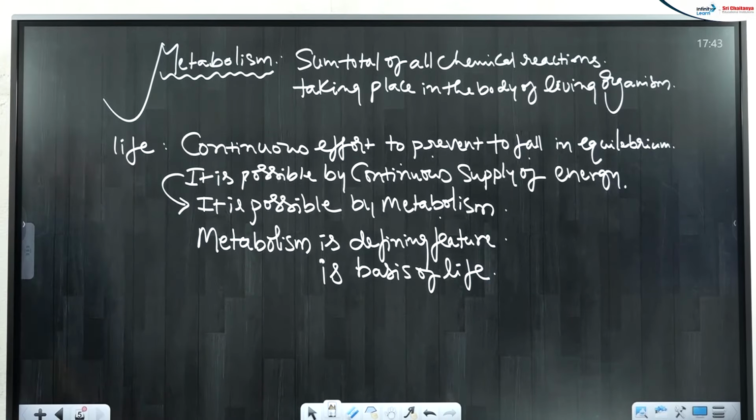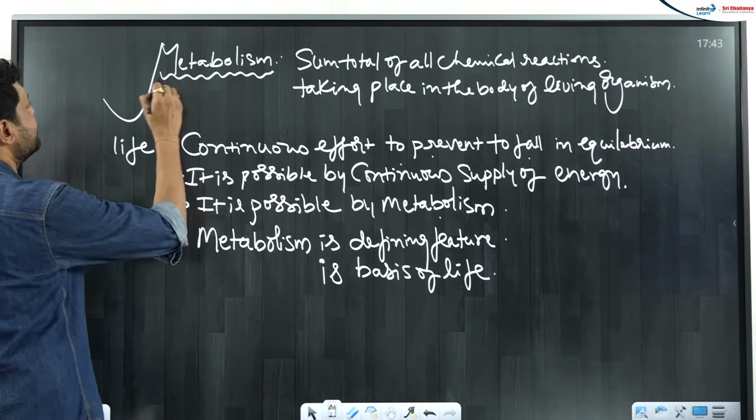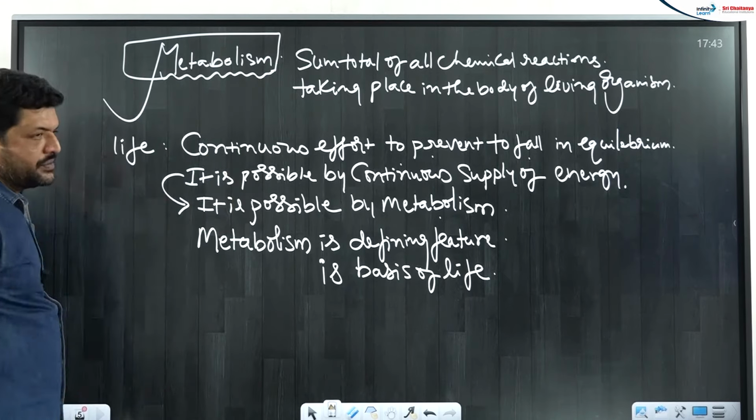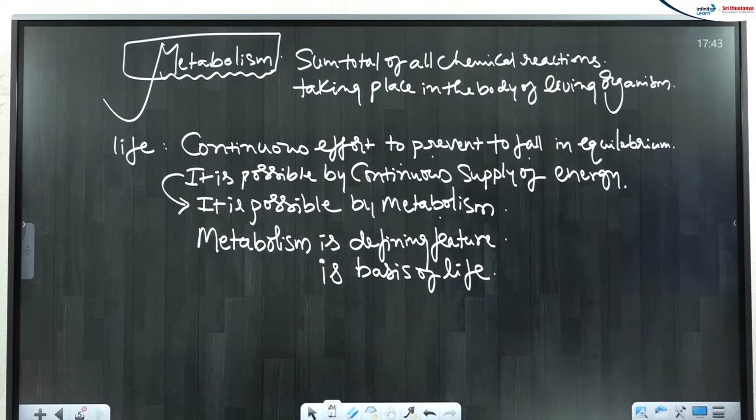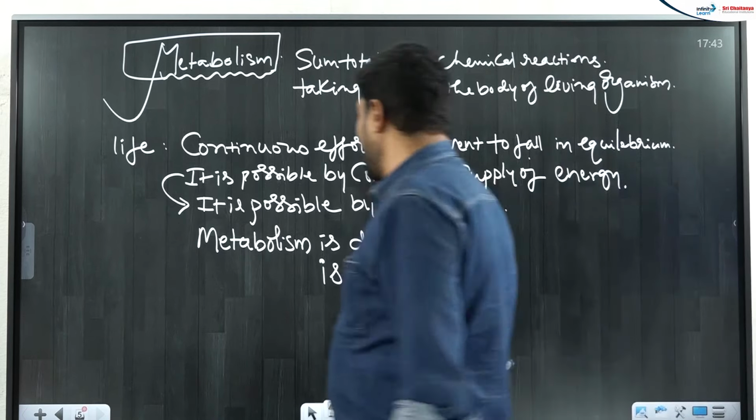So what is very essential for a living system to live? That is metabolism. So metabolism is the defining feature. Metabolism is the basis of life.